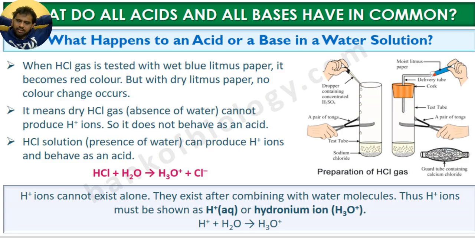Due to H+ ion reacting with water in aqueous solution, acids yield this hydronium ion H3O+. So as of now, students need to understand that acids contain H+ ion, and on getting water mixed into it, becoming an aqueous solution, they yield hydronium ion H3O+.